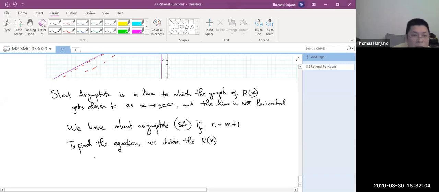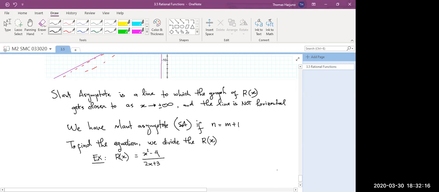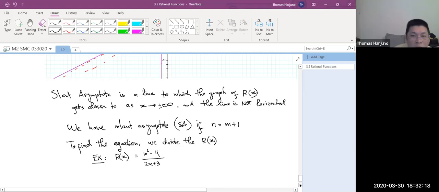Like in this case, for example, R(x) equals x squared minus 4 over 2x plus 3. Then we do long division, or if you can use synthetic division, go for it.